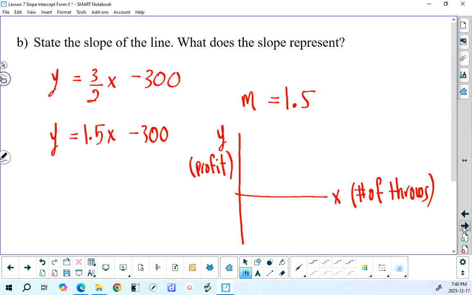It's money taken in. And that means when you have a slope of 1.5, this profit will be in dollars. And in terms of a rise over a run, this will be $1.50 per throw.